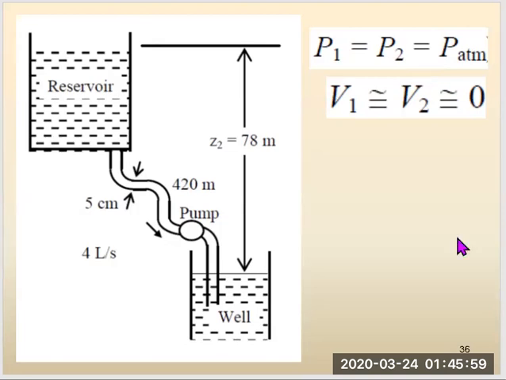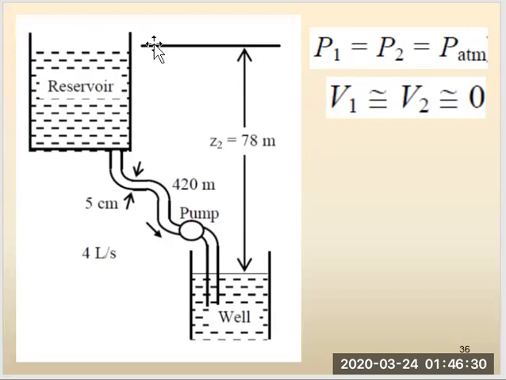So P1 is equal to P2, which is equal to the atmospheric pressure. The velocities at point 1 and point 2 are assumed to be zero, because the free surface levels of the well and the reservoir do not really change significantly.